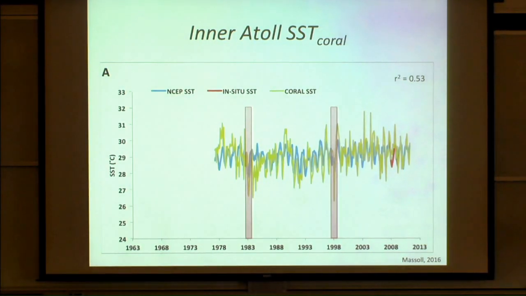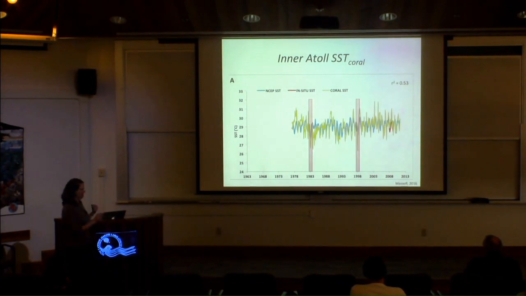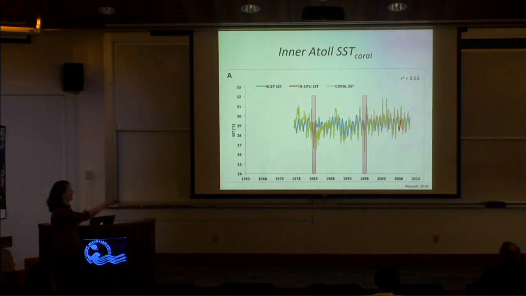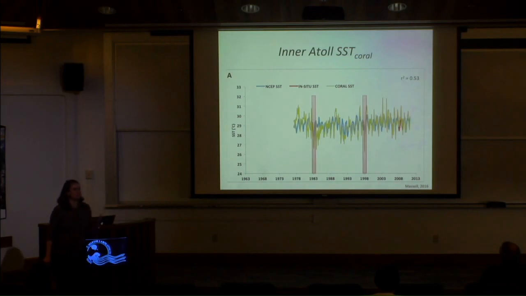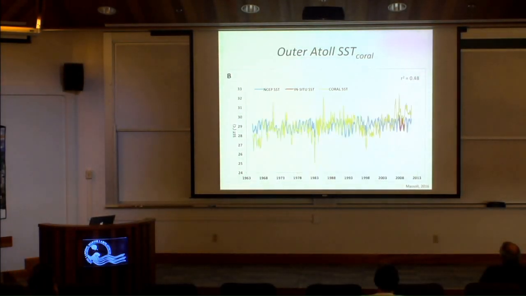We do see these strong El Nino events, both in the satellite record, maybe not so much the 97, 98, but we really do see a lot of dips in lower sea surface temperature in the atoll during these large El Ninos.